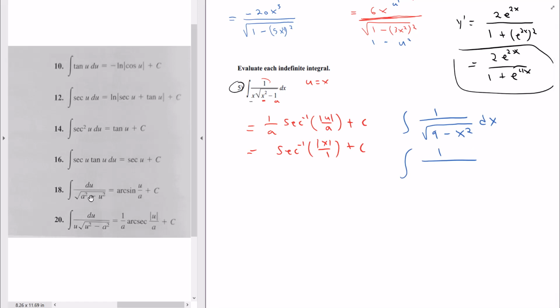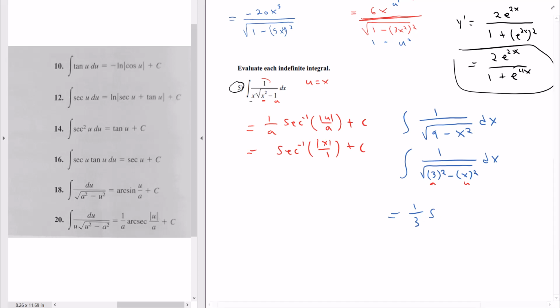Arcsine is du over the square root of a squared minus u squared. We have to recognize that it's 3 squared minus x squared. So our a is 3 and our u is x. And so the integral of this would be 1 over a.